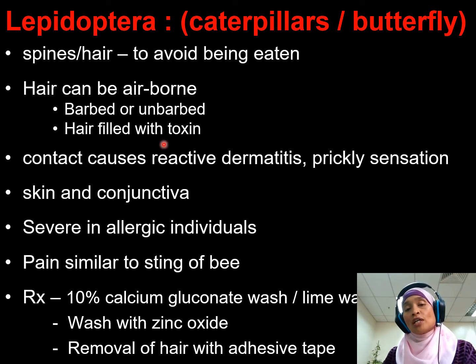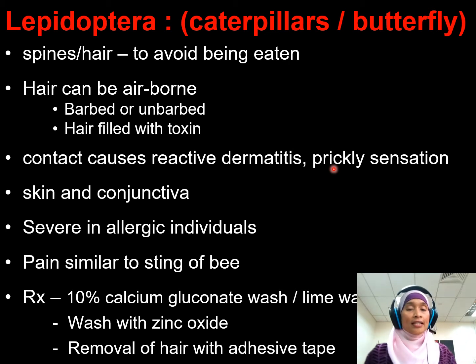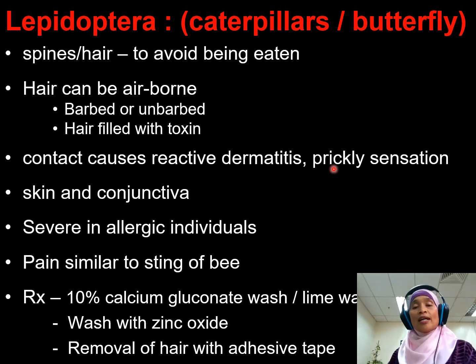What happens when you come in contact with these toxins? In humans, you might experience dermatitis, which is an inflammation that happens on the skin. The person may experience a prickly sensation on the skin. Now, if the hair comes in contact with the eye, which is the conjunctiva of the eye, it can cause serious inflammation of the conjunctiva called conjunctivitis.